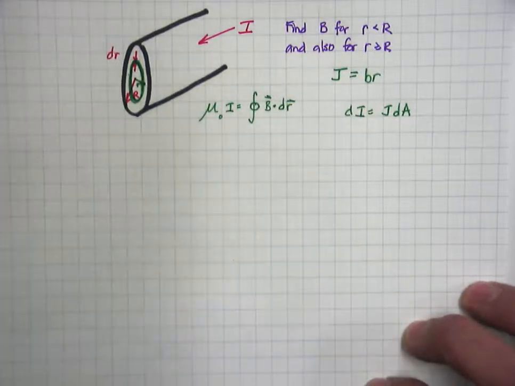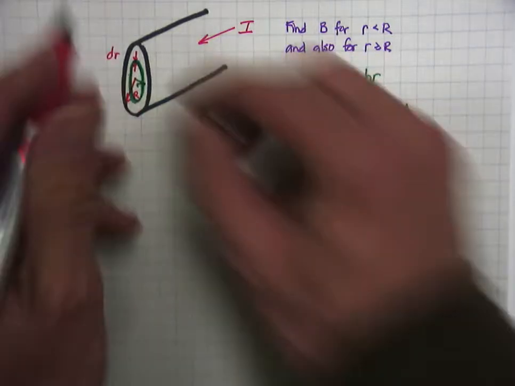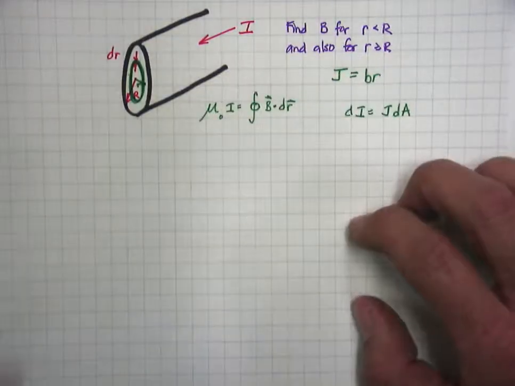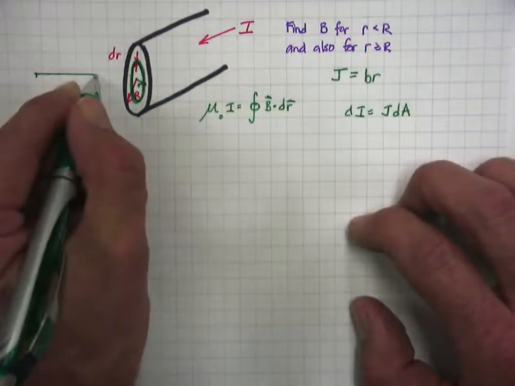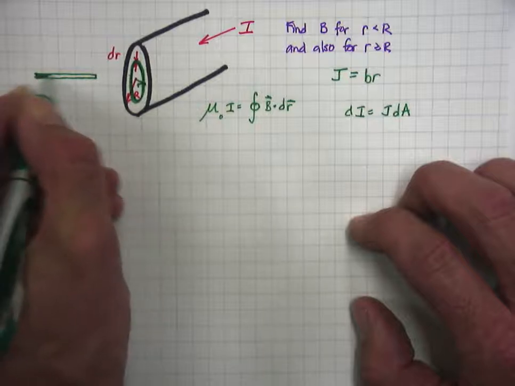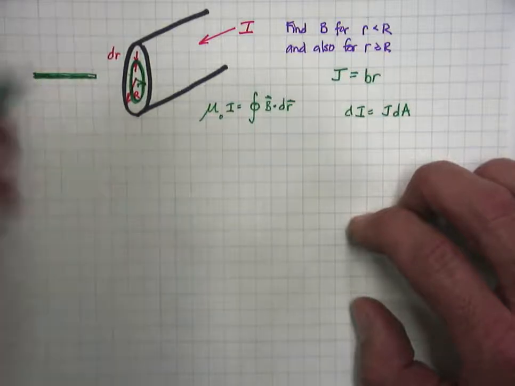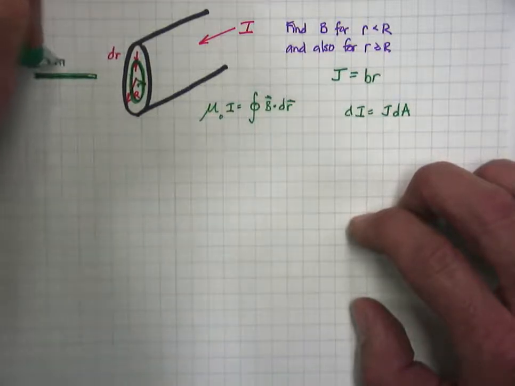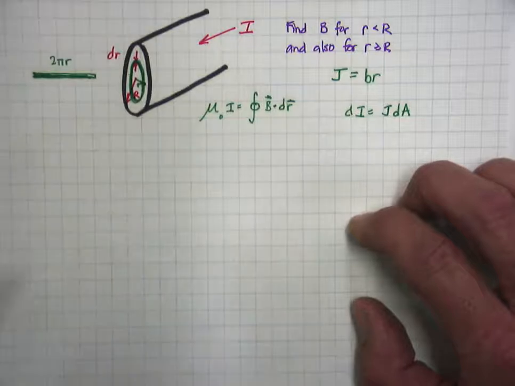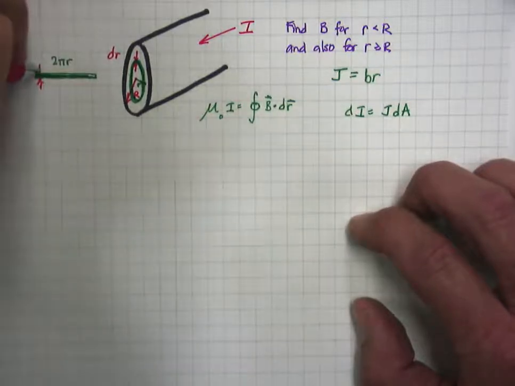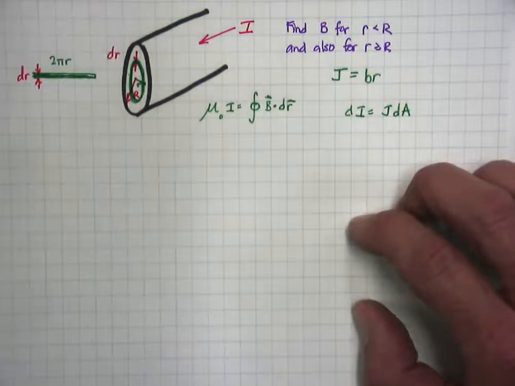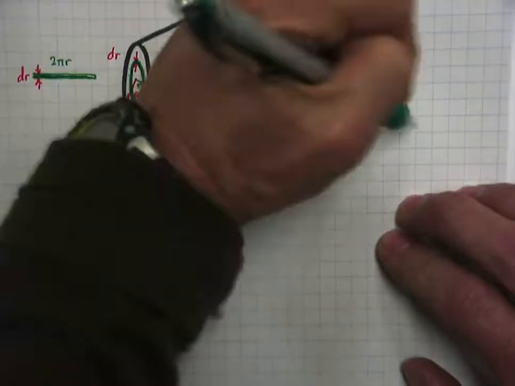So you can think of it as if you took this and unwrapped it, unfolded it, we've got a line, and that thing's going to be of length 2 pi r, and thickness right here is dr, and so that's going to give us our area.